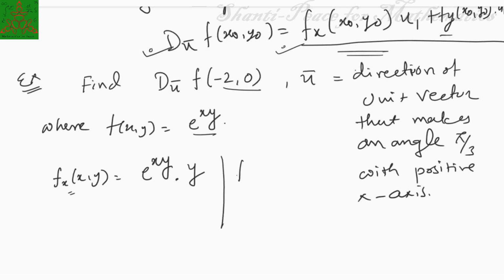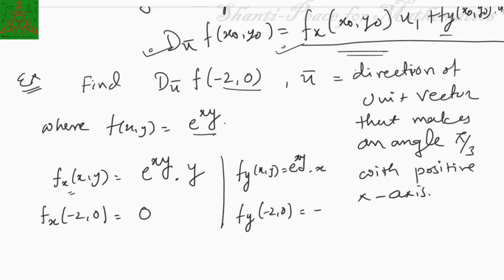And what is fy at (x, y)? In the same manner, e power xy into x. And fx at (-2, 0) gives you 0, and fy at (-2, 0) gives you -2 into e raised to 0, so it is -2.